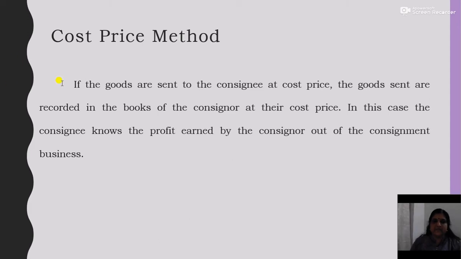If the goods are sent to the consignee at cost price, then the goods sent will be recorded in the books of the consignor at their cost price. In this case, the consignee knows the profit earned by the consignor out of the consignment business.